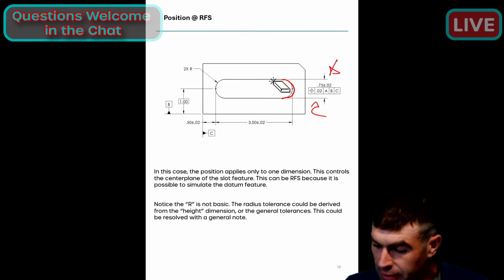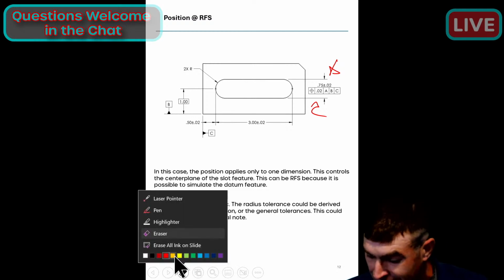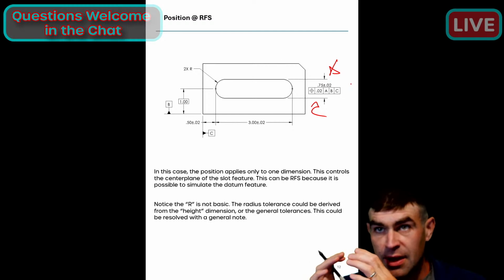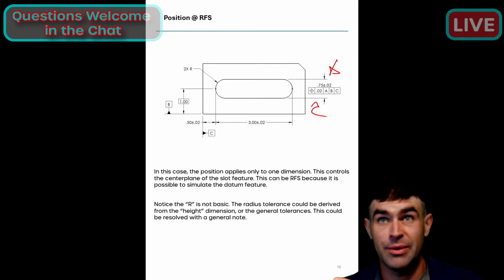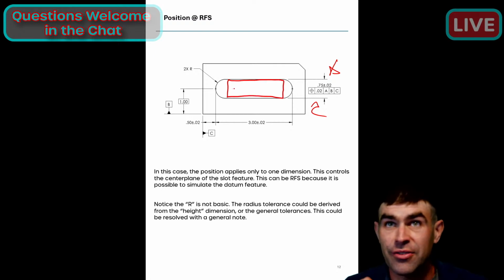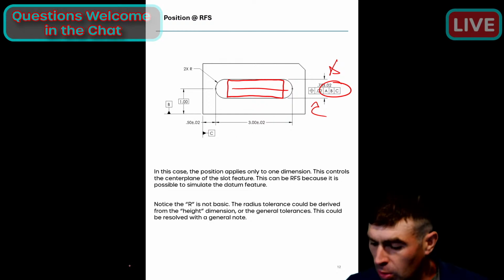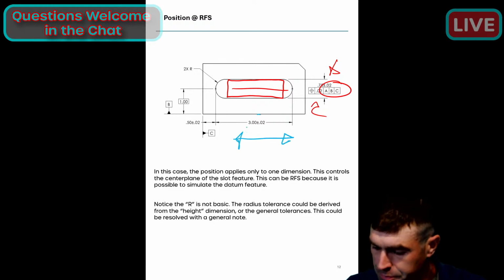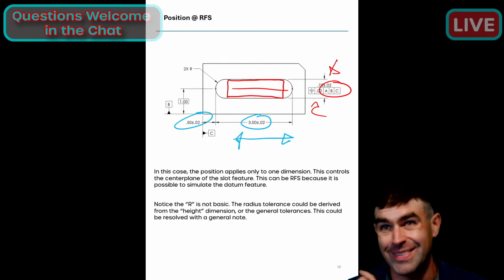So what I did here, and this is an example not in Y14.5, we're using position regardless of feature size, which you can simulate, right? You could get a block or a stack of blocks or something in here to find the center plane and measure it relative to our datum reference frame. That is doable, okay? And then we're going to control this left to right business with plus or minus dimensions, right?